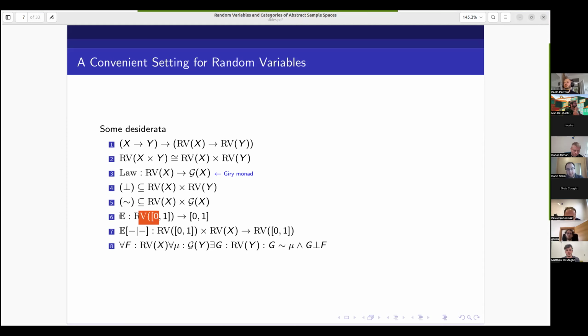We want to define expectation of this type, and conditional expectation, which, as I've said, takes a random variable and another random variable and produces a new random variable. And then we want logical statements like: for every random variable that I have and a distribution, I can make a new random variable which is distributed according to that distribution and independent of what I had before. Those are the ways I would want to use this formalism.